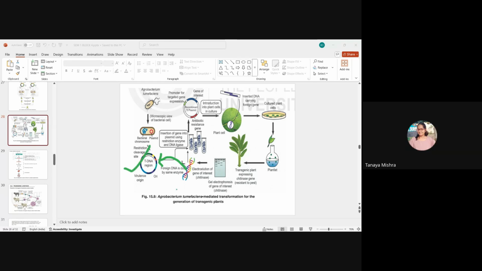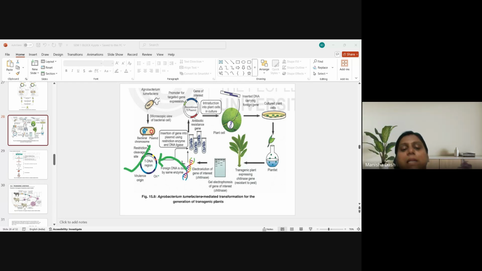Ma'am, there might be nucleases inside the cell, so that can damage the nucleic acid. No, see, the nucleases are there in the cell, but the nucleic acid also has certain techniques to protect themselves, like we will see in case of CRISPR, that I will discuss ahead.